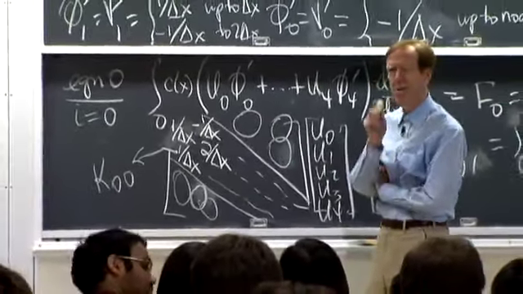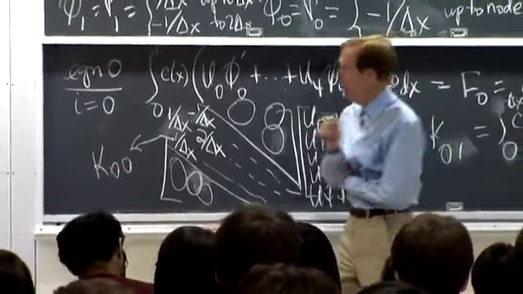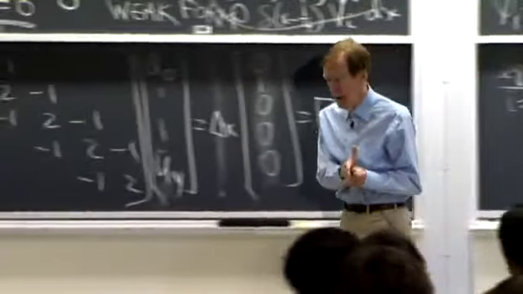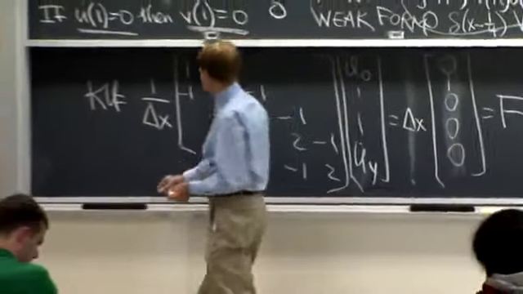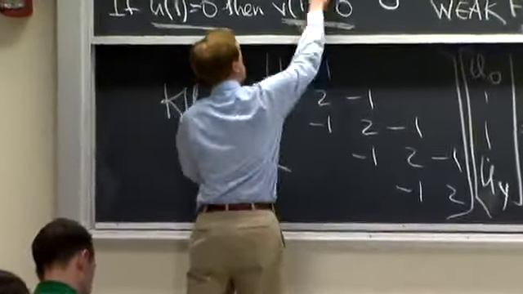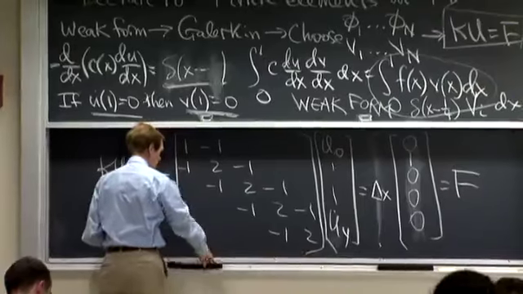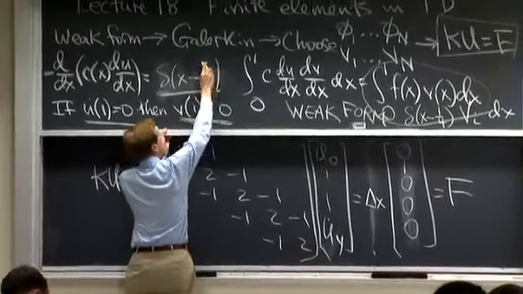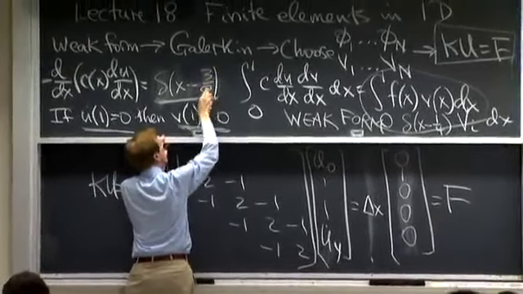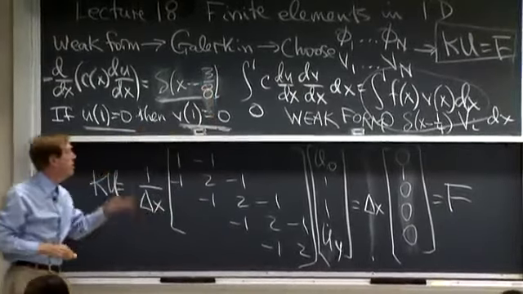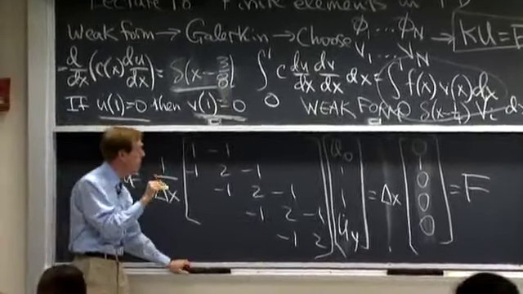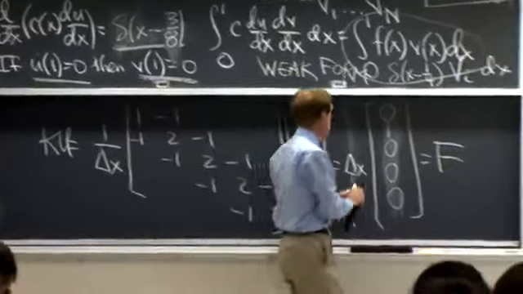All right, here's one final one for today. Suppose the delta function is not at a node. Suppose it's at 3/8. Or it could be at any point A, but let me just take a special one where I can do it. Suppose the load is at 3/8.